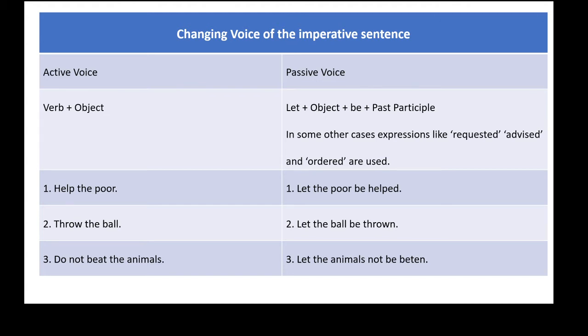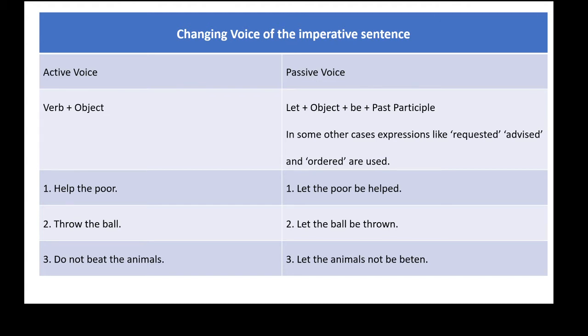The pattern or structure of imperative sentence is verb plus object in active voice. When we transform imperative sentence beginning with main verb into passive voice, we have to follow this structure. We have to begin our answer with let. It will be followed by an object in the sentence.